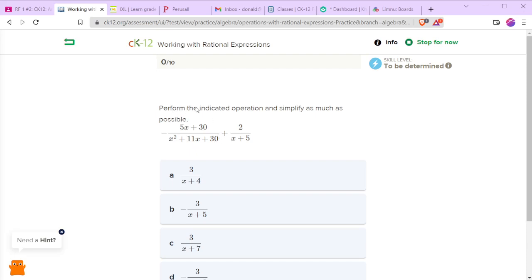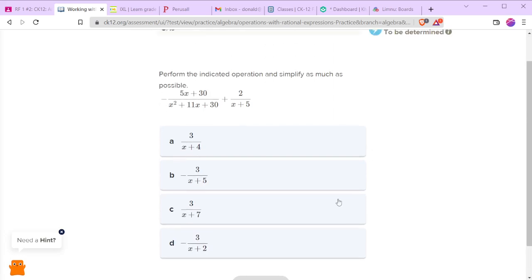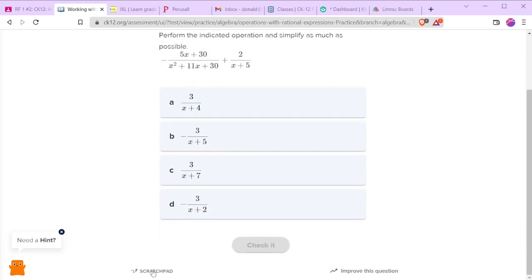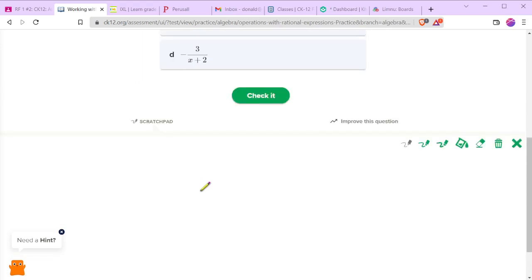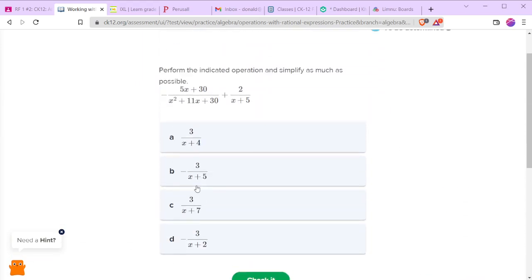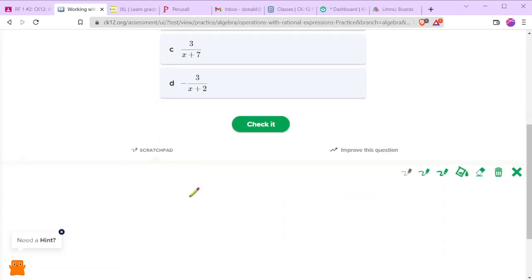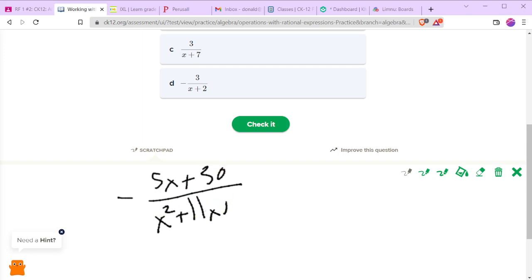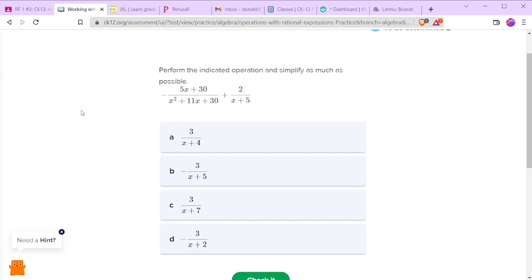So here we want to perform the indicated operation and simplify as much as possible. So for this, we're going to want a scratch pad. Now we have a negative 5x plus 30 over x squared plus 11x plus 30, and we are adding 2 over x plus 5.